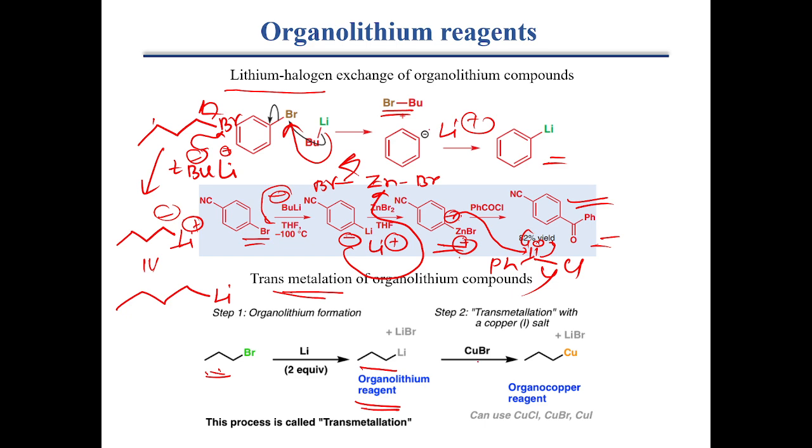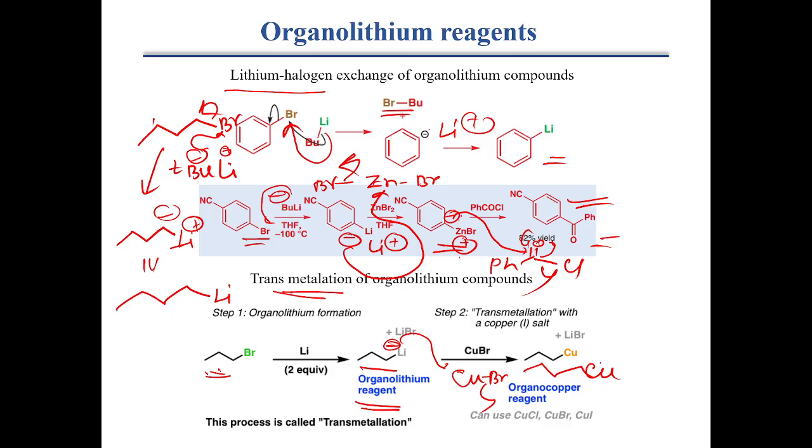Now, in presence of a metal, such as a transition metal, here copper bromide, copper chloride, or copper iodide, any one, or any other reagent such as tin, the negative charge will react with the copper and bromide leaves as a leaving group. So it will form this organocopper reagent.